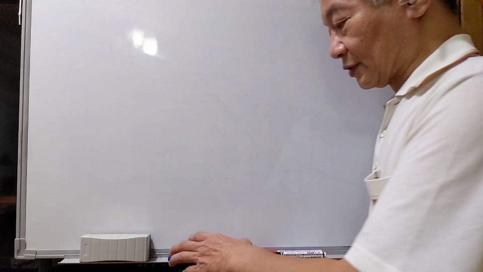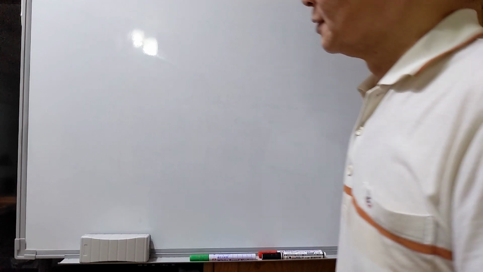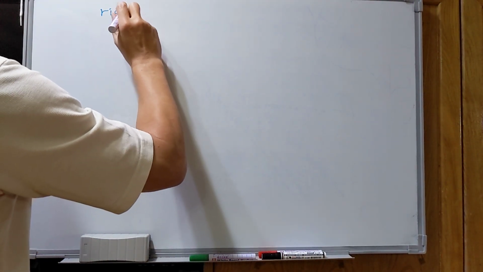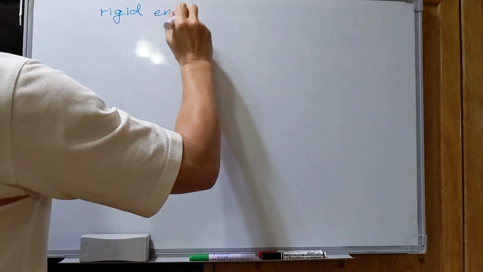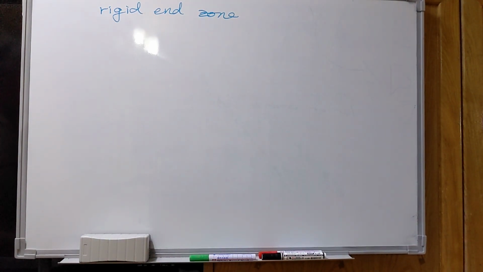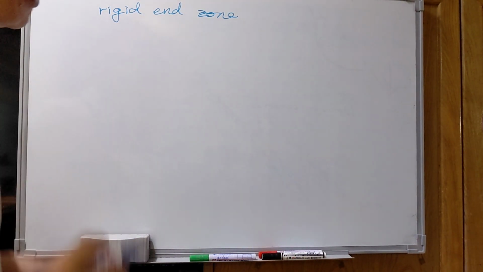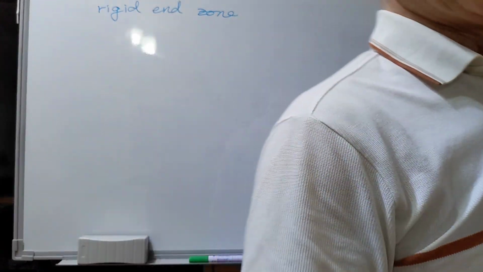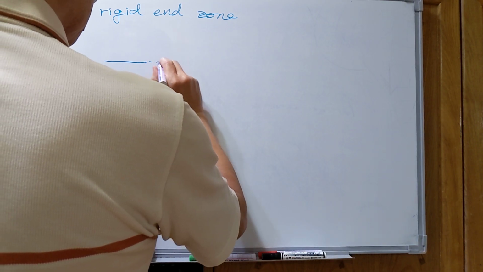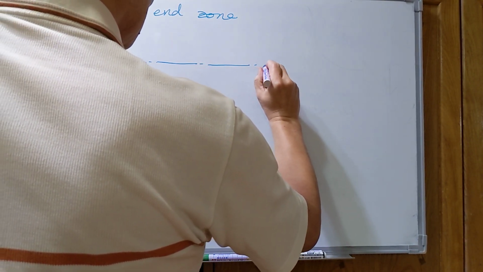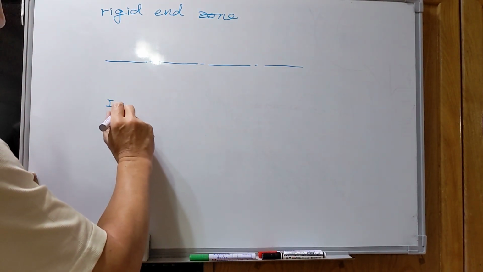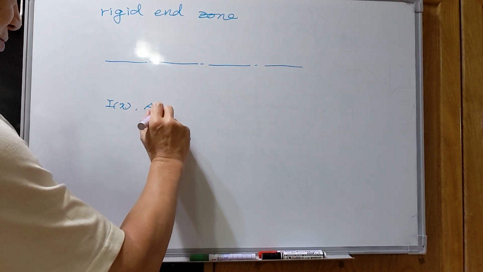Okay, I'm going to start the next topic. The next topic is usually called the rigid ends. When we establish the frame elements, usually we talk about the center line, and we have the I of x and A of x.